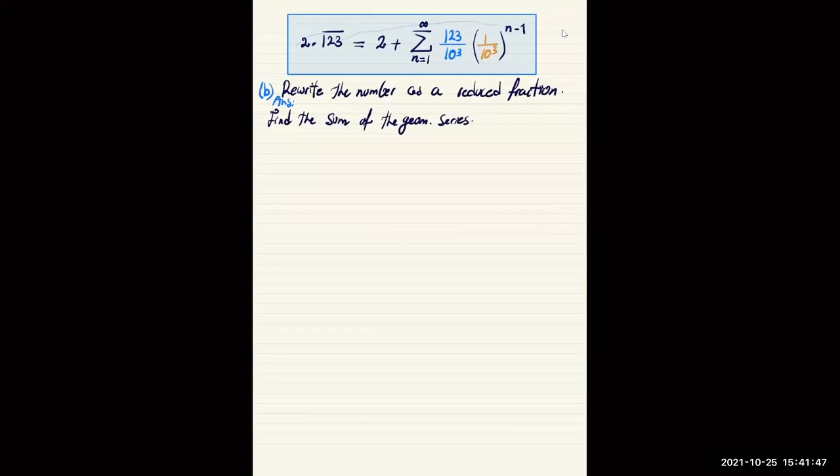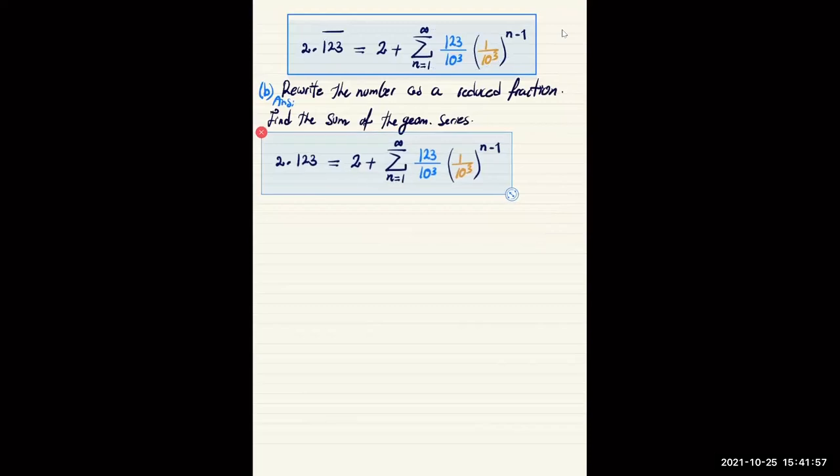All right, let me copy this down here. We have 2, leave the 2, treat the 2 differently.